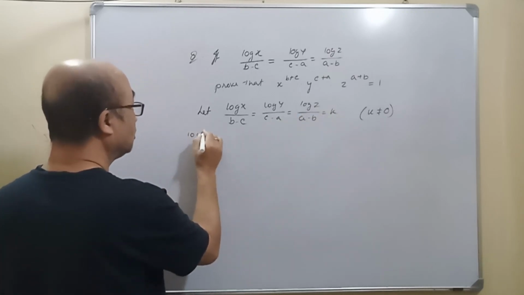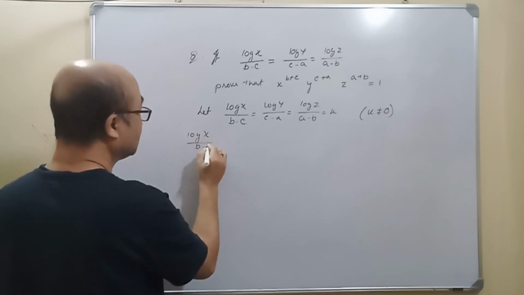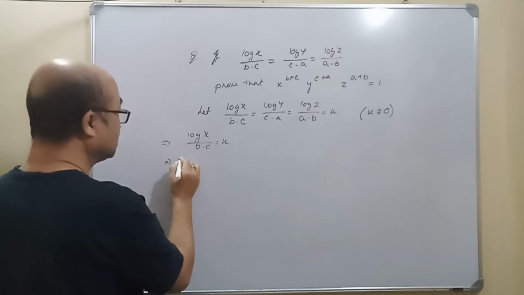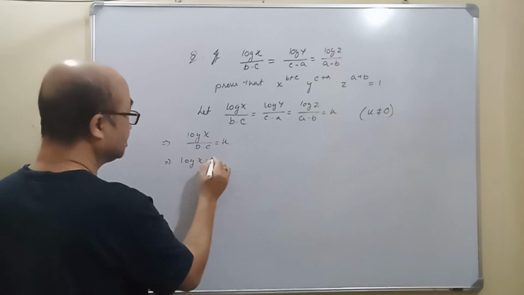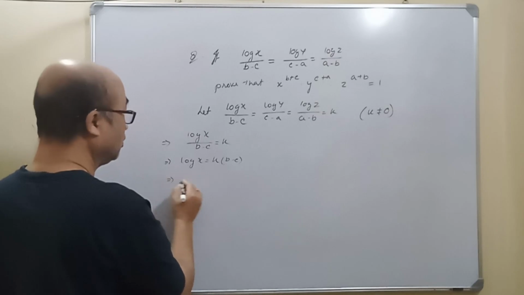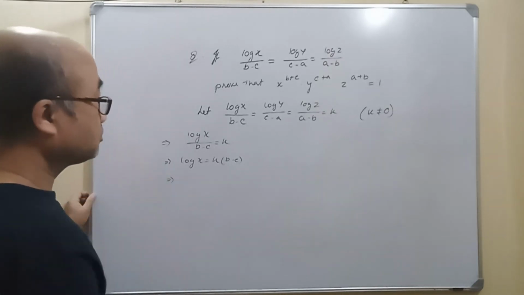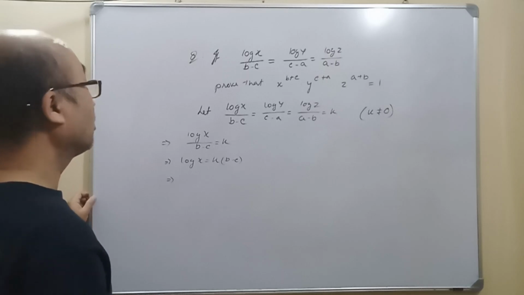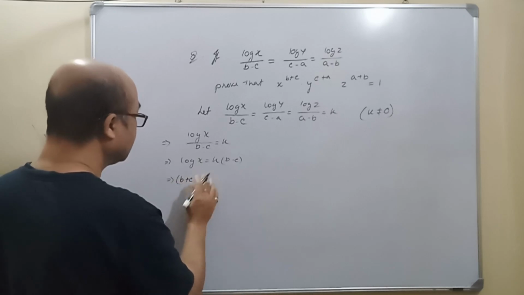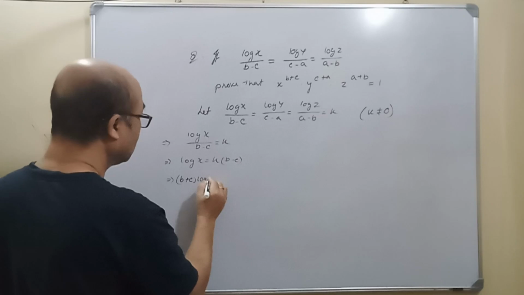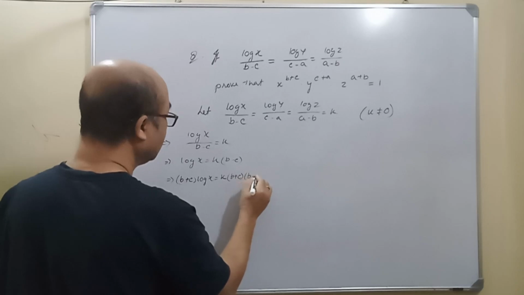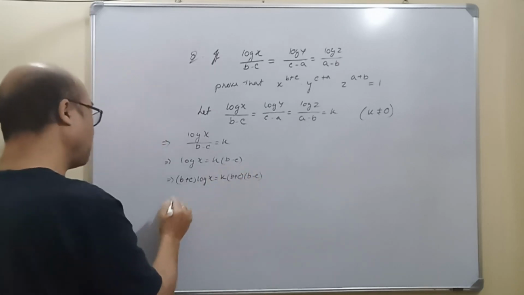So we have log x by b minus c is equal to k, which means log of x is equal to k into b minus c. Now if we multiply both sides by b plus c, we get b plus c into log of x equal to k into b plus c into b minus c.